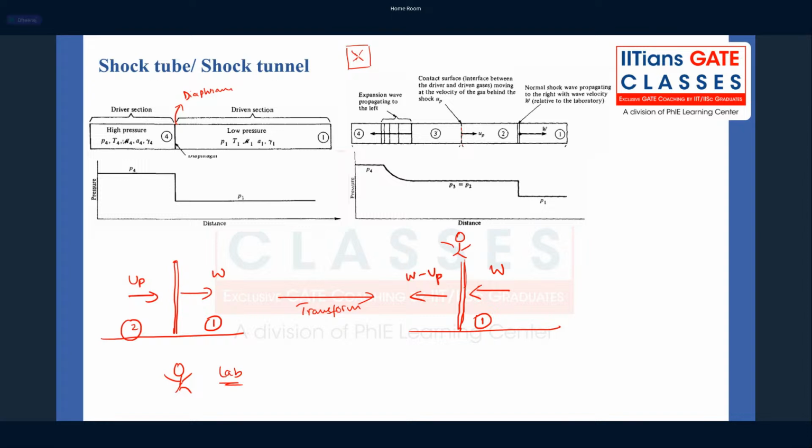Right? So this is my funda. So this is my inertial reference.